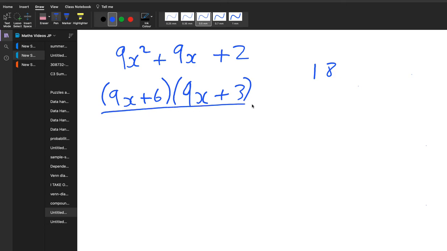Remember to divide it all by 9. And again, conveniently, 9 is equal to 3 times 3. So the left hand, both numbers can be divided by 3. And on the right hand, also, both numbers can be divided by 3. So this reduces to 3x plus 2. And on the right hand side, 3x plus 1.